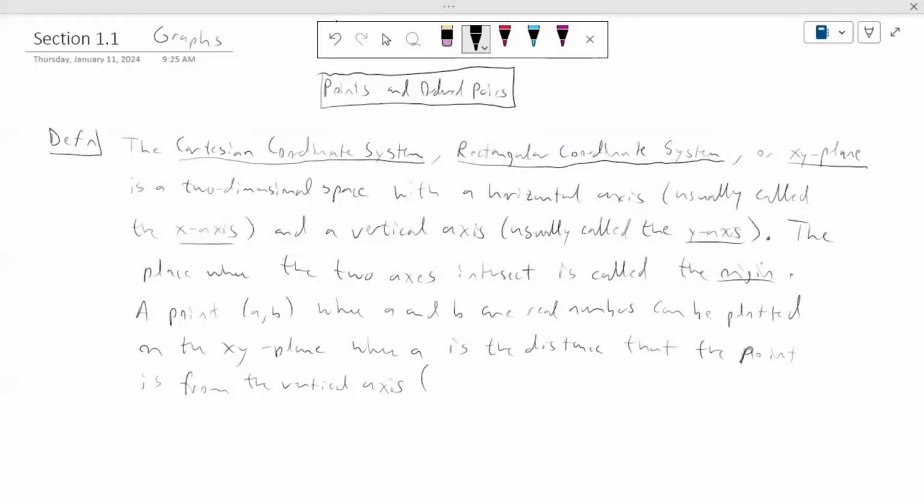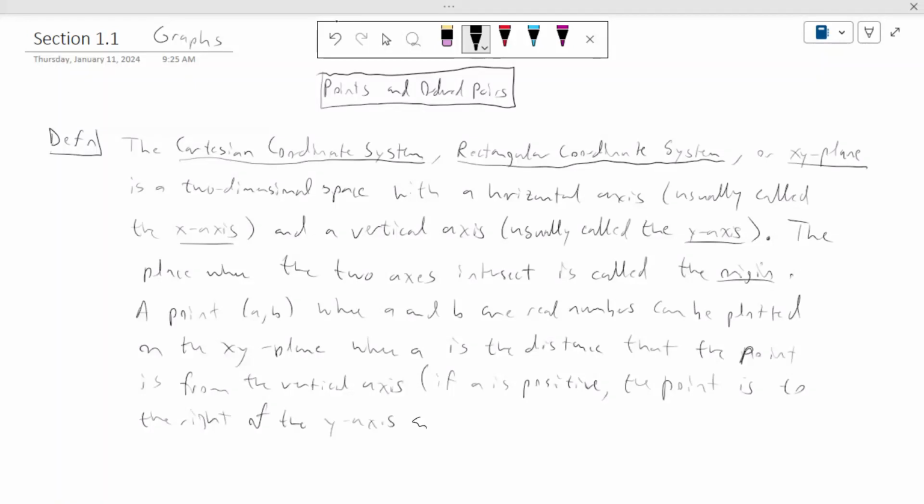And traditionally, if A is positive, the point is to the right of the y-axis, or vertical axis.